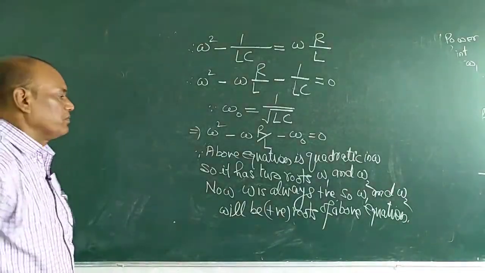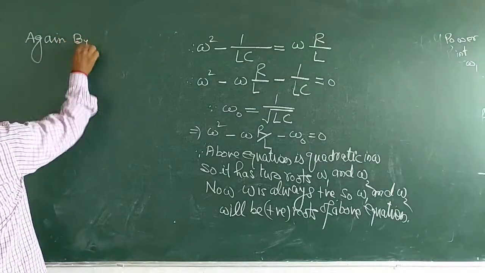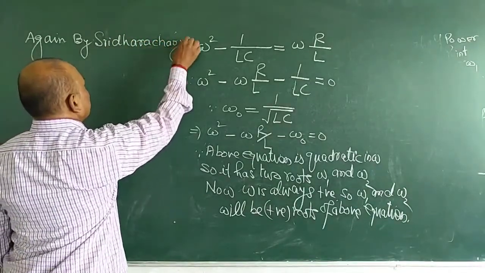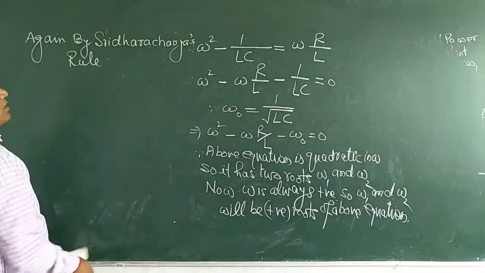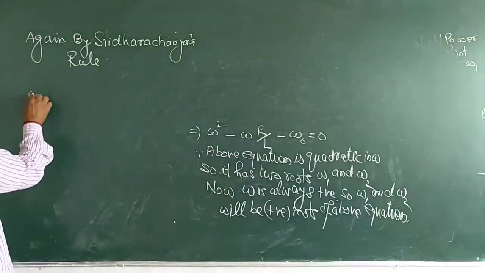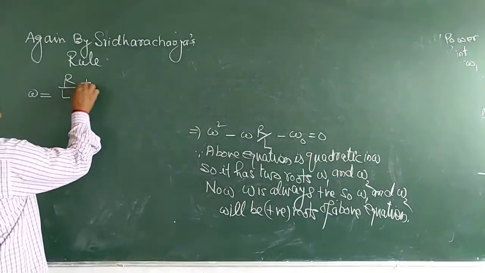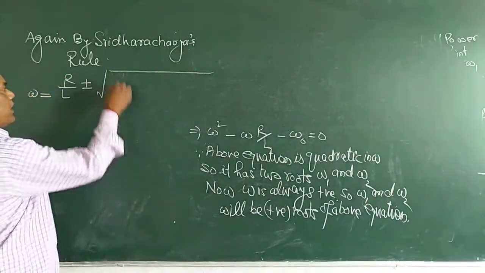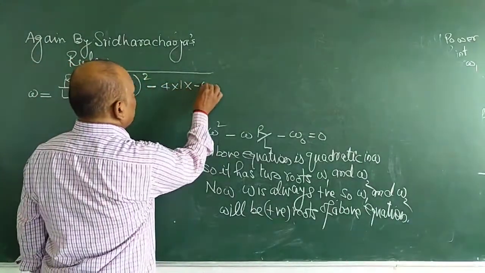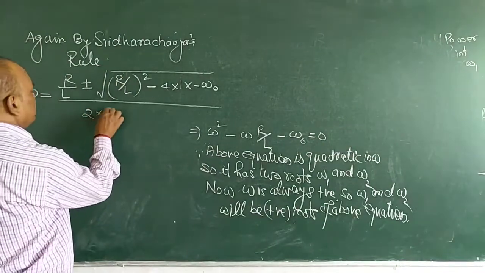By Sridharacharya's rule, this omega is equal to R by L plus minus under root R by L whole square minus 4 into 1 into minus omega naught square, divided by 2 into 1.